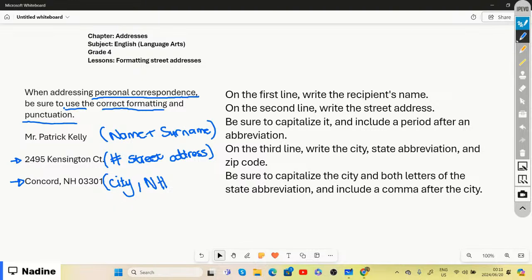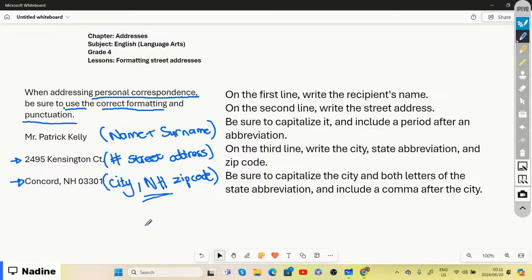Once you have written down your city and your abbreviated state, you need to write the zip code. Like I said, in my country we call it the postal code. So you need to capitalize the abbreviated state, right?